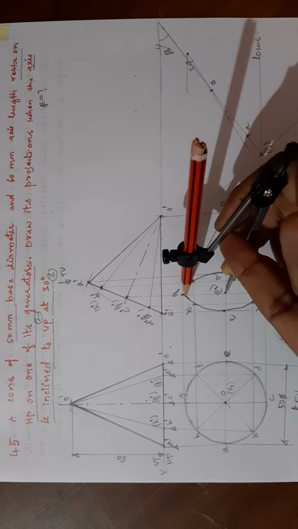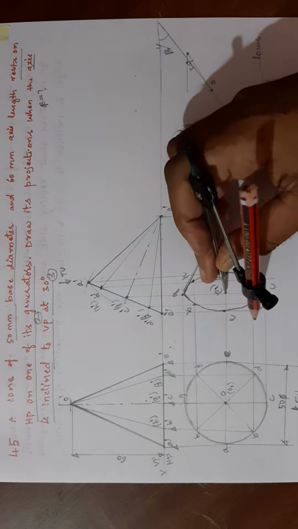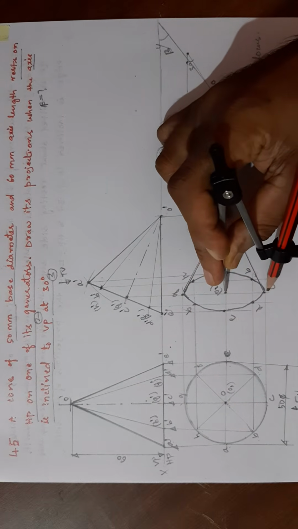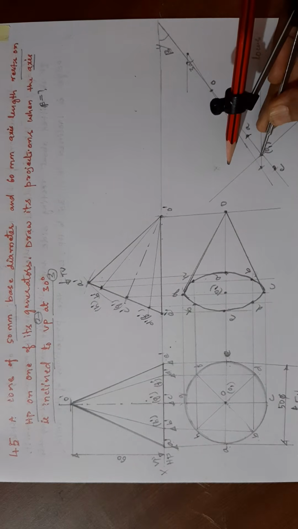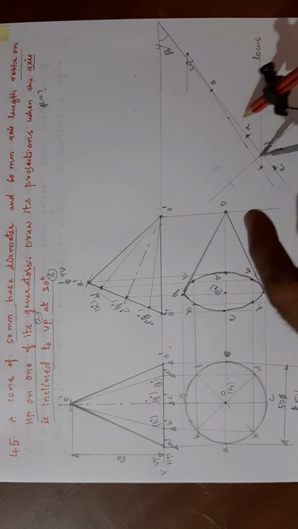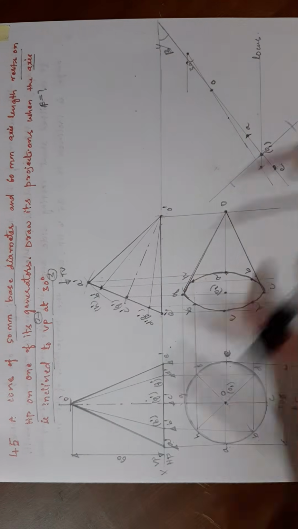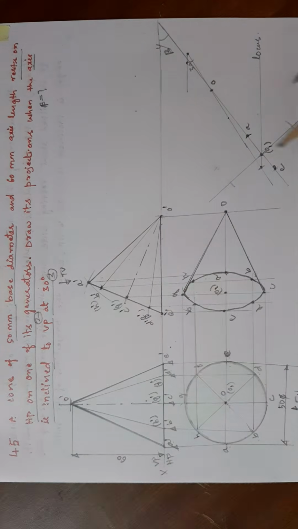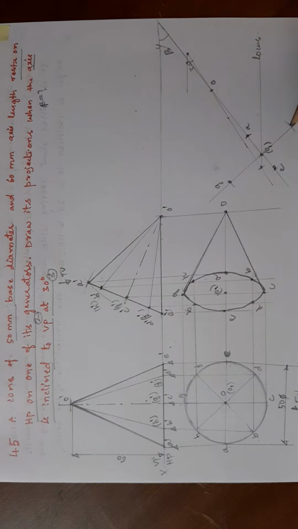See, O1G is also equal to O1C. So keeping the compass at O1, cut the vertical line on both sides. You will get this point G and this point C.